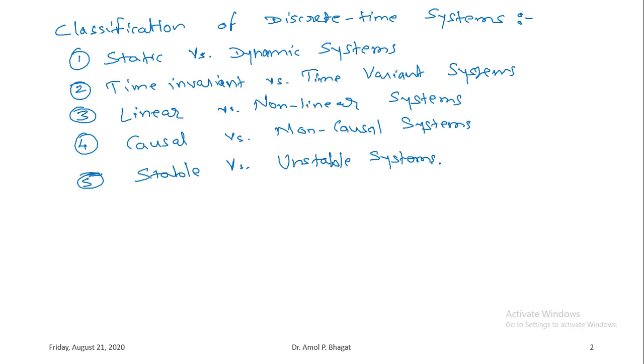So basically these are 5 generalized classifications of discrete time systems. Today we'll be discussing the first category, that is static versus dynamic systems, and how to differentiate between static and dynamic systems.